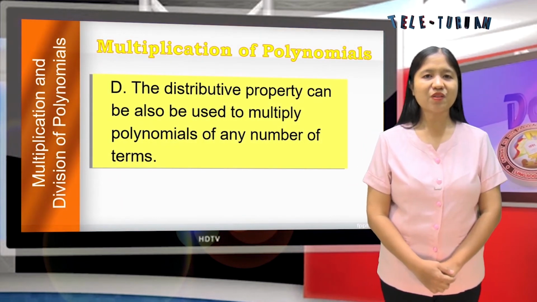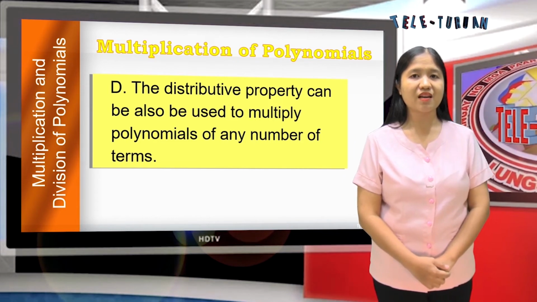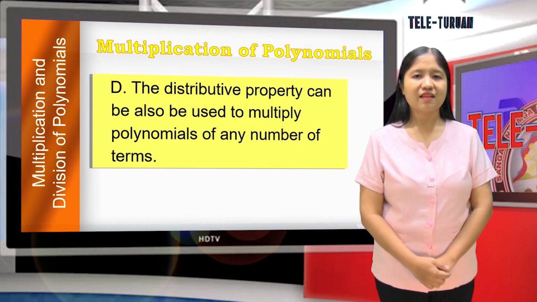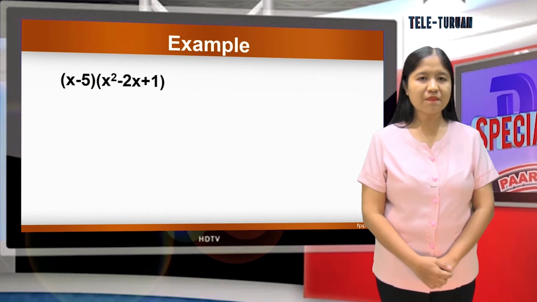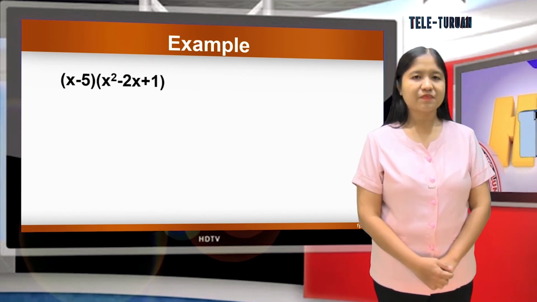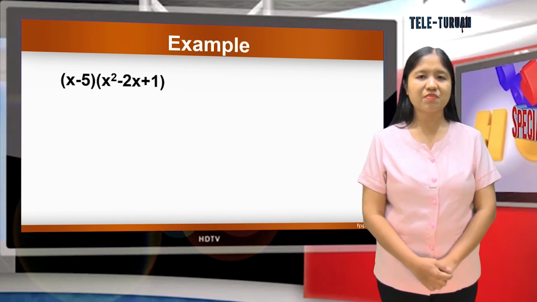Finally, the distributive property can also be used to multiply polynomials of any number of terms. To show how to use it, let us study this example. Multiply the quantity x minus 5 by the quantity x squared minus 2x plus 1.